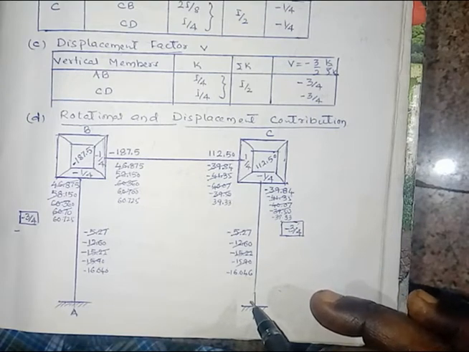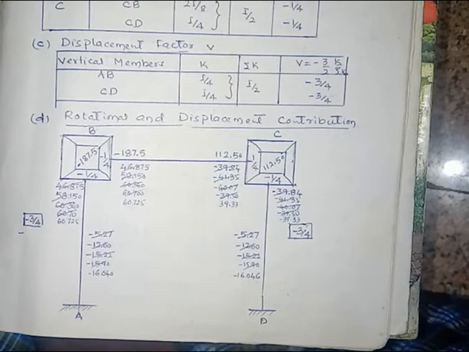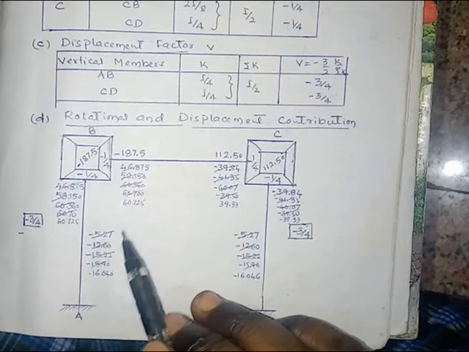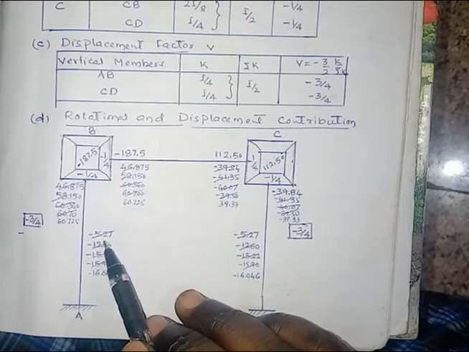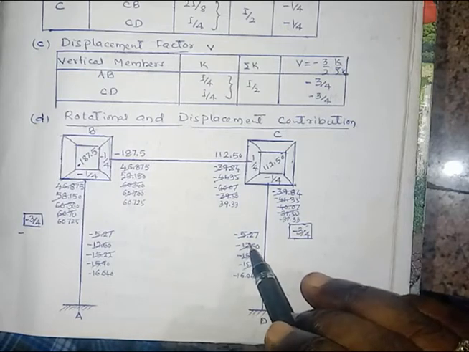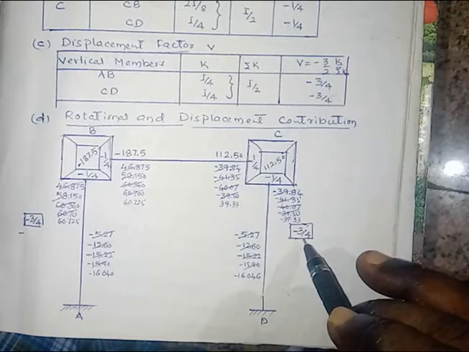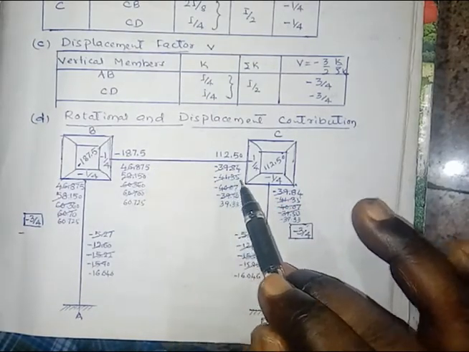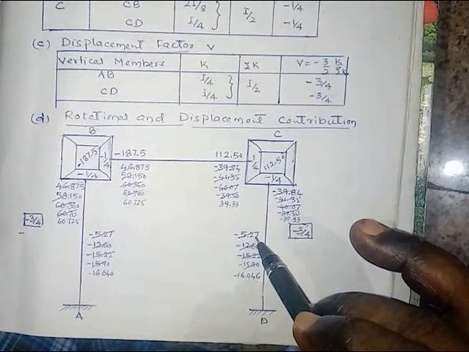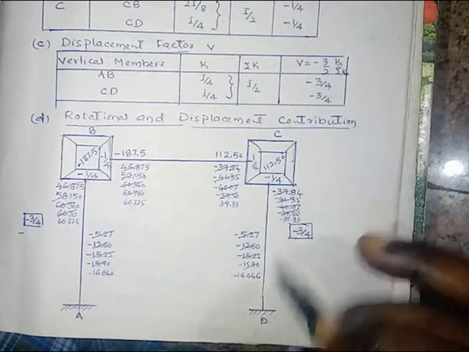Here you will get 46.875 minus 39.84, multiplied by minus 3/4, that is minus 5.27 for member AB. Similarly for member DC, the same thing, minus 3/4 inside the bracket 46.875 minus 39.84. Here you will get minus 5.27 for the vertical member CD.